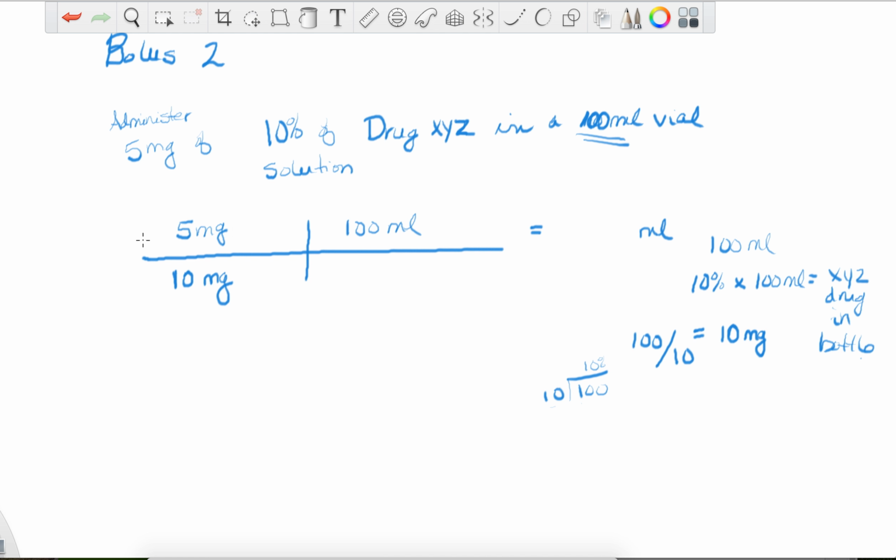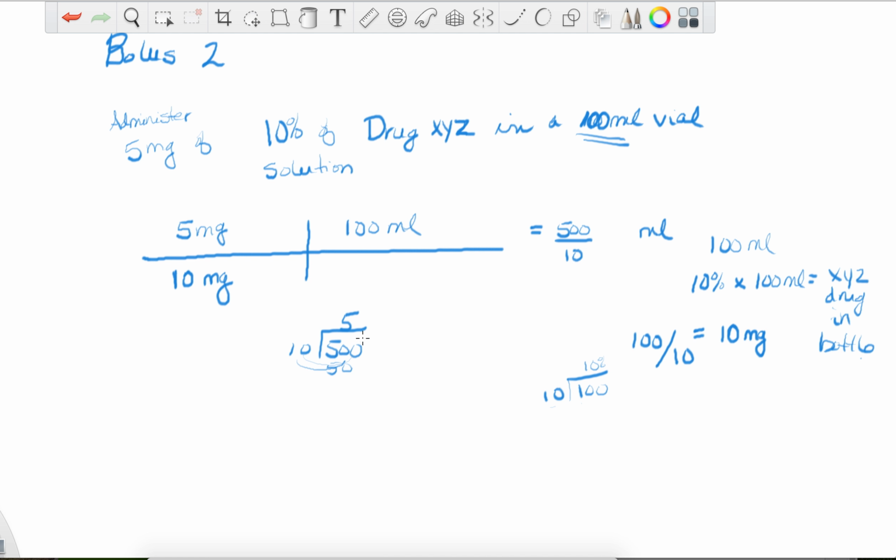All right, so we can simply do the math straight across. So let's do it that way first. So 5 times 100 is 500 over 10. So 500 divided by 10. 10 goes into 50 5 times, right?